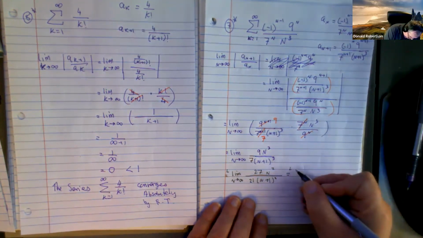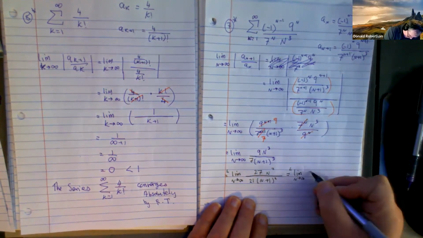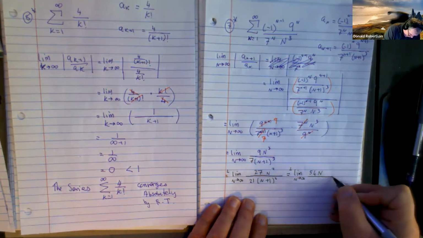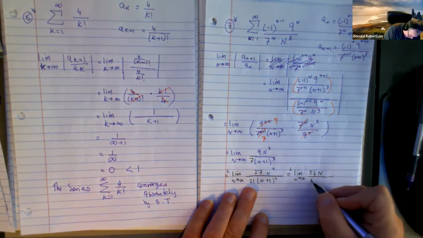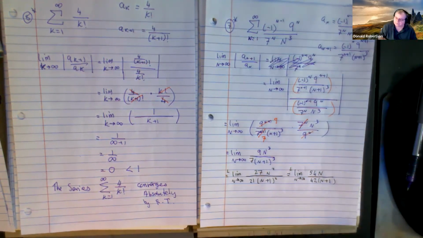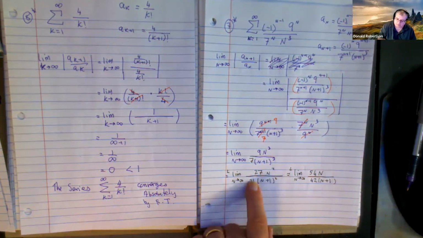I'll do L'Hopital again. And we get 54n on the top and 42 n plus 1s on the bottom. It's getting nicer. Right, power rule, 54n, power rule.